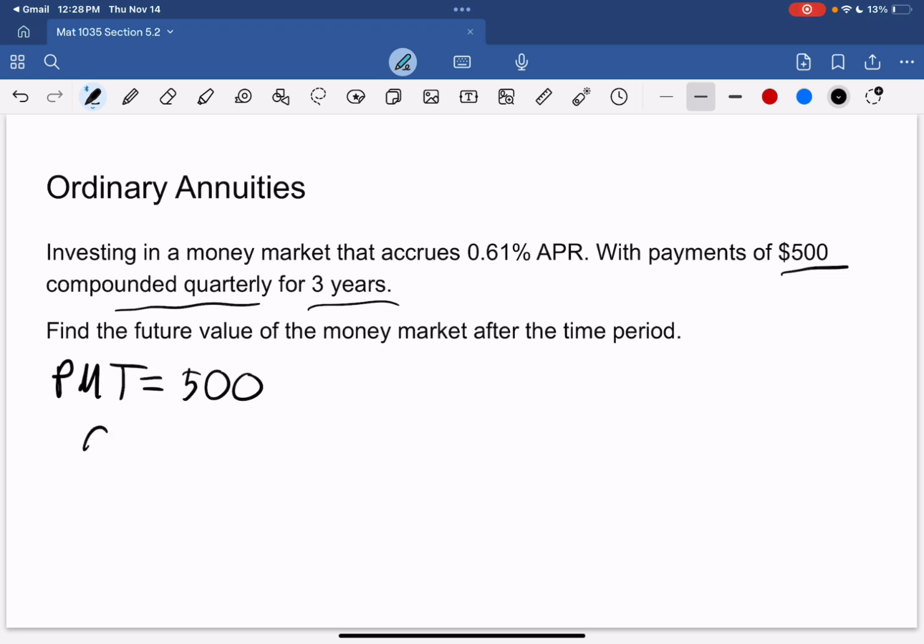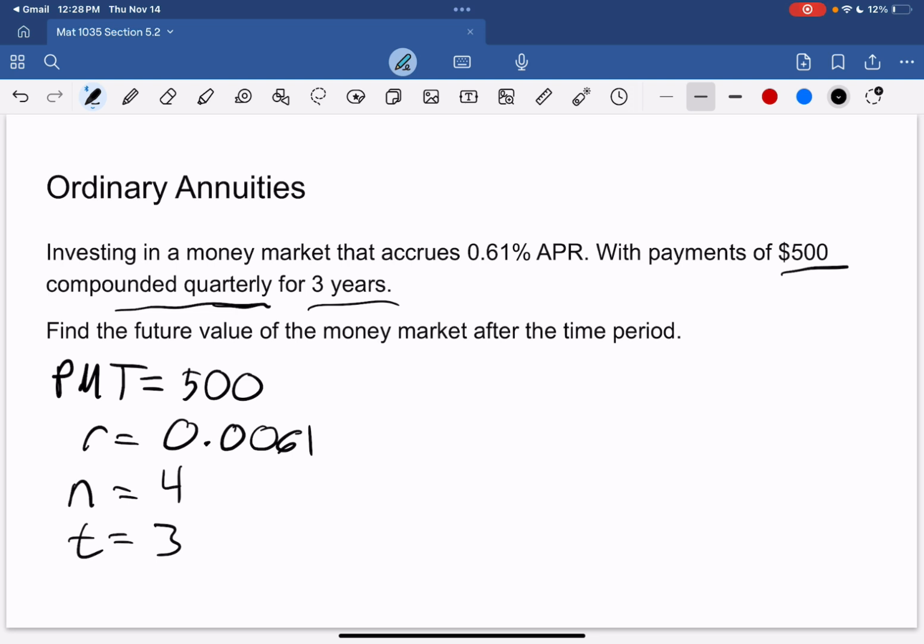My rate is 0.0061 because it's 0.61%. My N, which is my compounding, I compound quarterly, so 4 times a year. And then my time, my T, is 3 for 3 years.